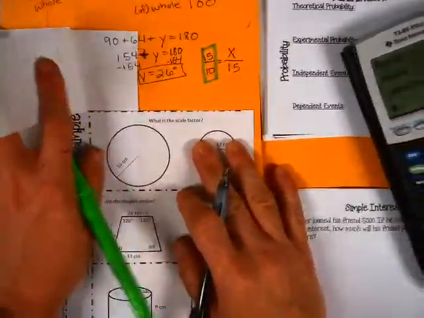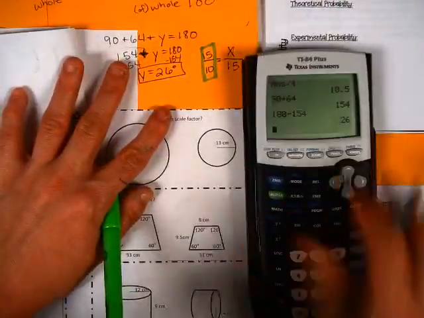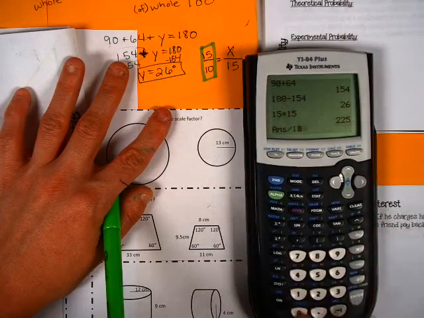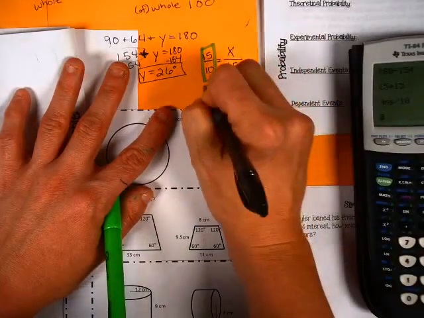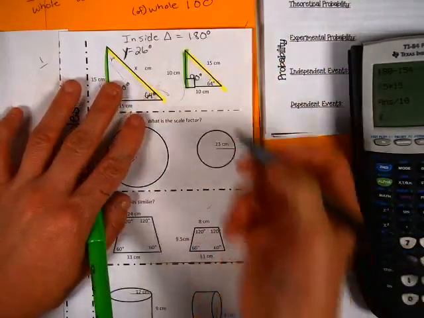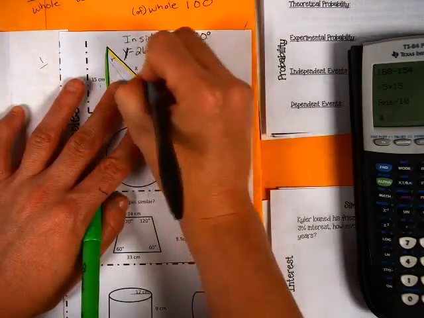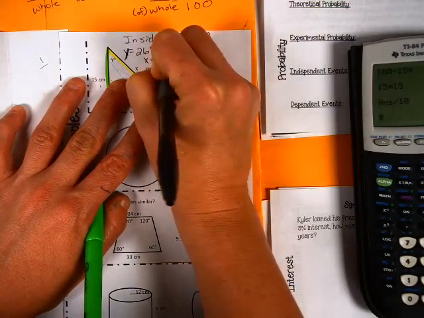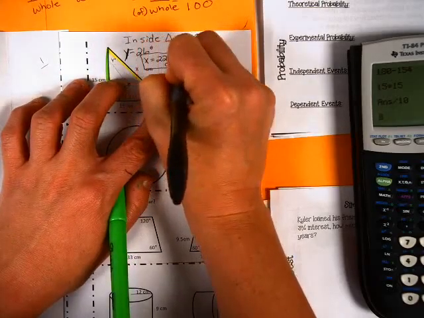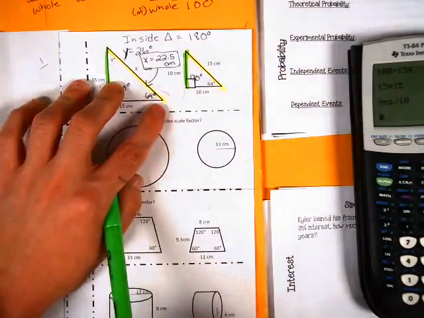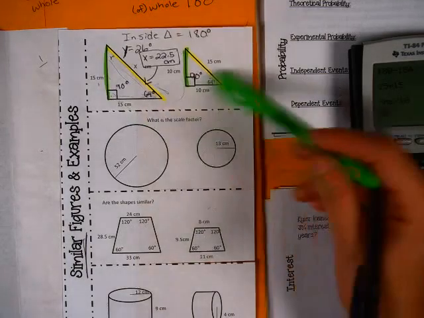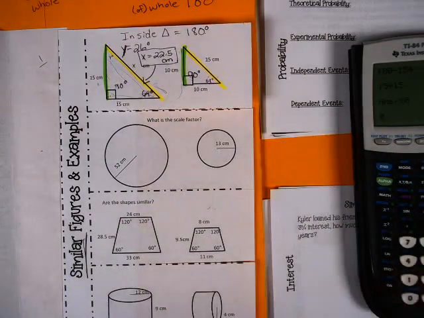So now I just have to cross multiply and divide. 15 times 15 divided by 10. X equals 22.5. So that means that x equals 22.5 centimeters, because we're talking about this side right there. All right, that's a whole lot of stuff, and they just gave you two simple shapes.